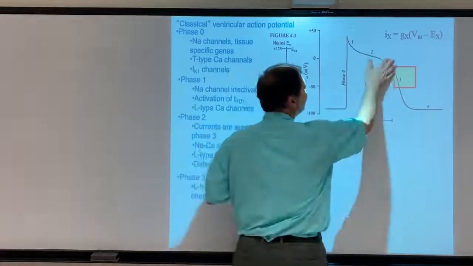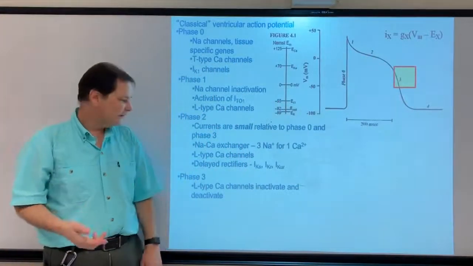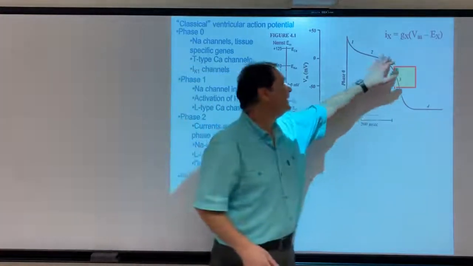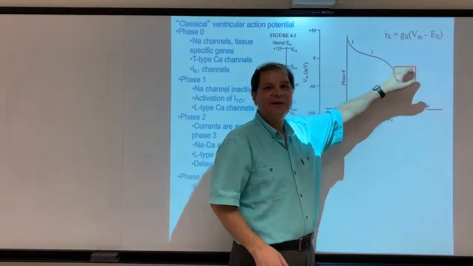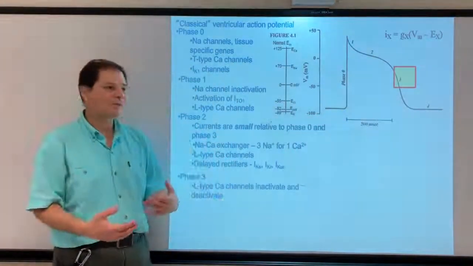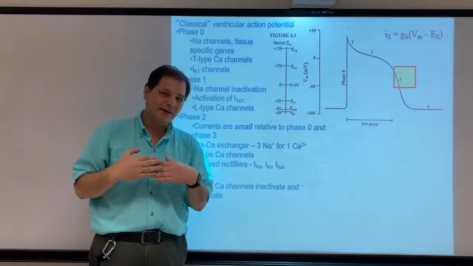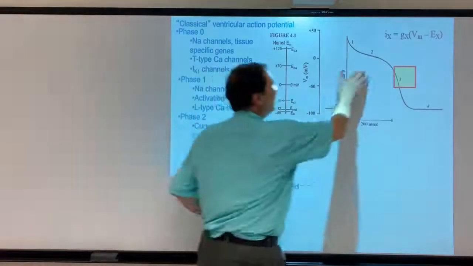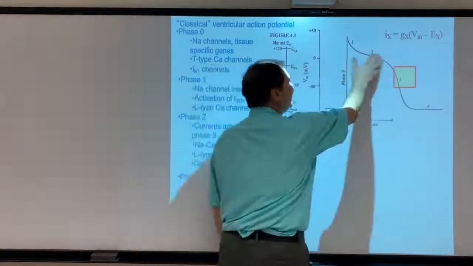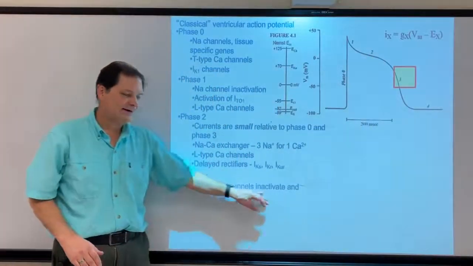As long as this voltage is hanging up, you're getting inactivation of those channels. So you're getting a loss of calcium current toward the end of this plateau phase and at the beginning of phase 3. And because you're getting less inward current, which tends to pull your voltage up, less positive charge coming in, it's easier to repolarize, and that's one reason why phase 3 repolarizes more rapidly than phase 2 does, because these calcium channels are starting to deactivate and inactivate.